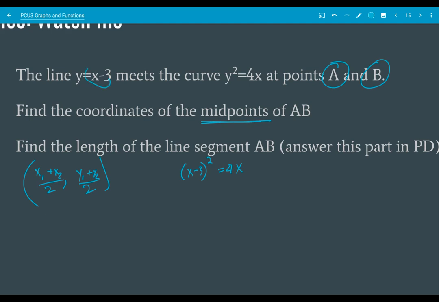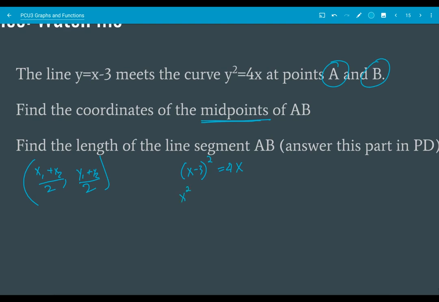All I did was take this and plug it in for y. So now we have x squared minus 6x plus 9 equals 4x. x squared minus 10x plus 9 equals 0. And then it's (x minus 9)(x minus 1) equals 0.